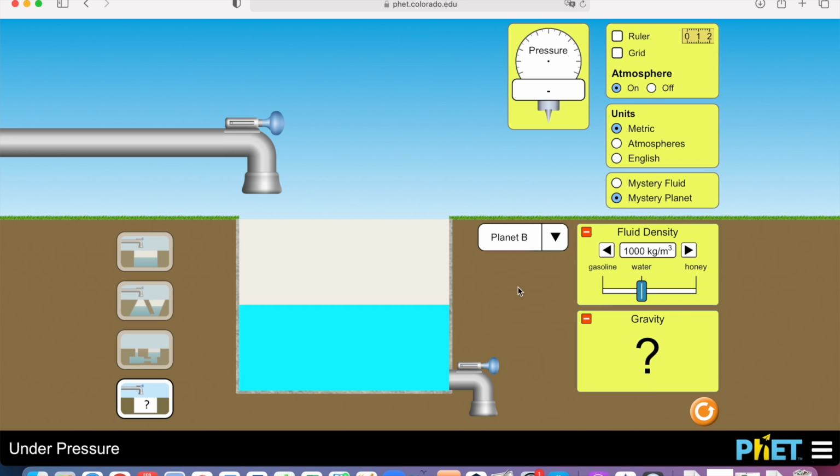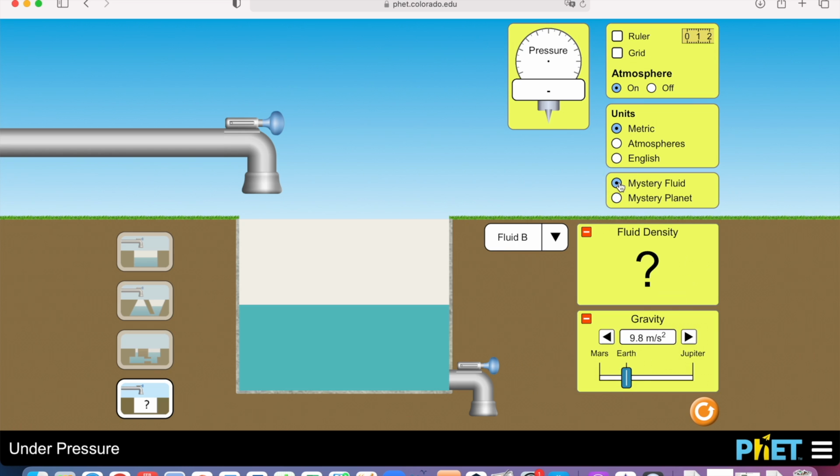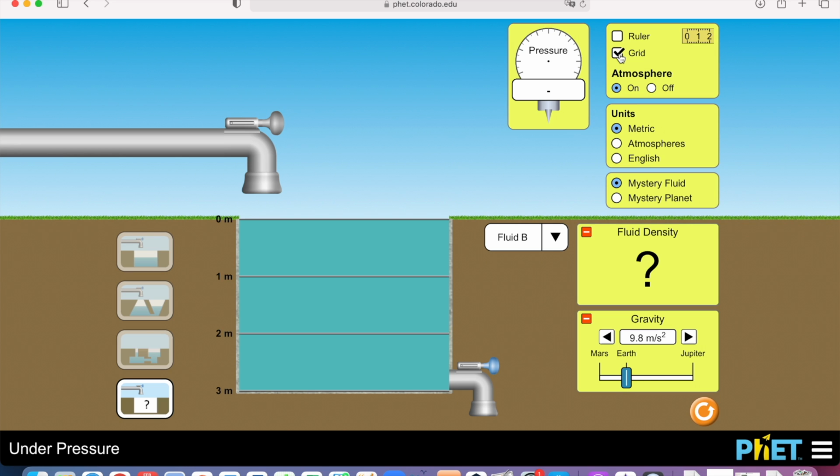We're going to find gravity on planet B. So we're going to start out by finding the mystery fluid. I'm going to fill this tank all the way up. All right, and we're going to turn the grid on. And you can see here, even though we have a mystery fluid, we're still on Earth, and the gravity is 9.8. So we're going to leave that like that.